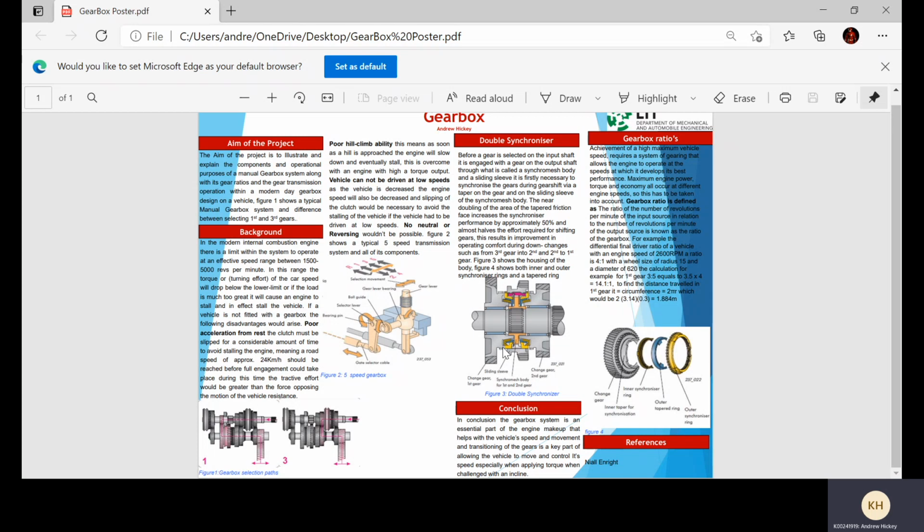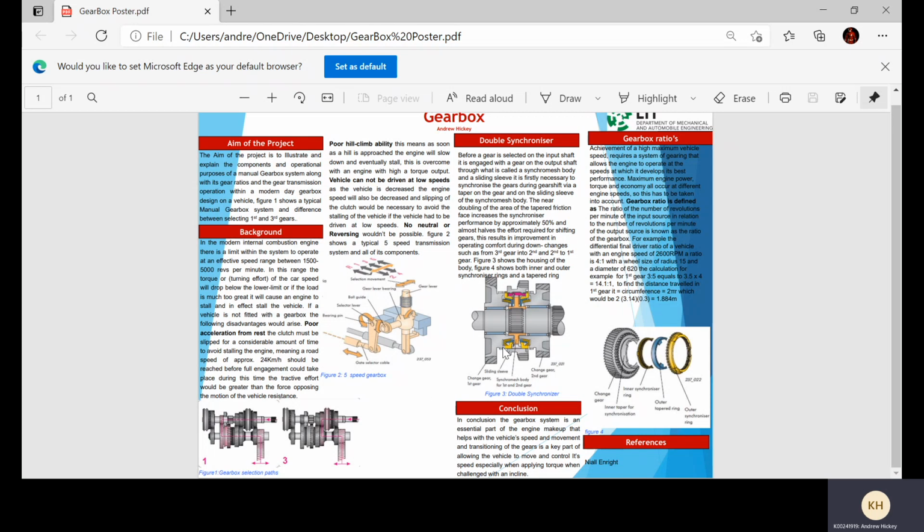Gearbox ratio is defined as the ratio of the number of revolutions per minute of the input shaft in relation to the number of revolutions per minute of the output shaft. For example, the differential final drive ratio of a vehicle with an engine speed of 2,600 revs per minute, a ratio of 4:1, with a wheel size of radius 15 and a diameter of 620.